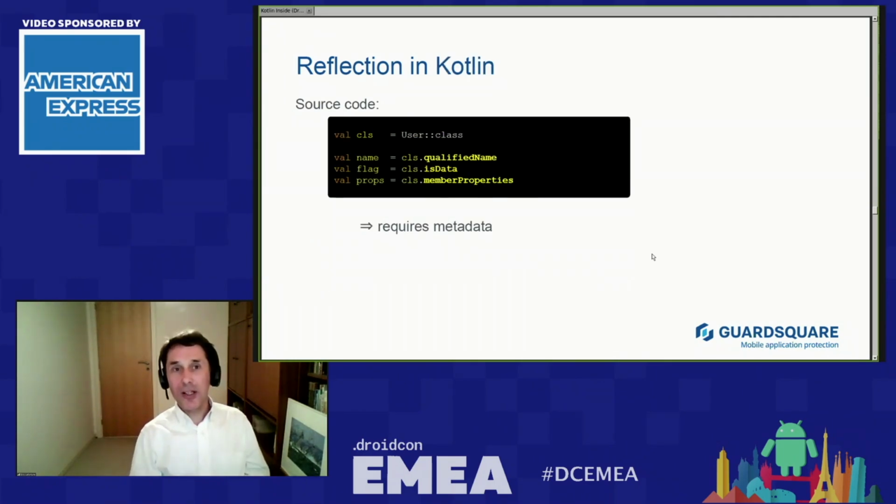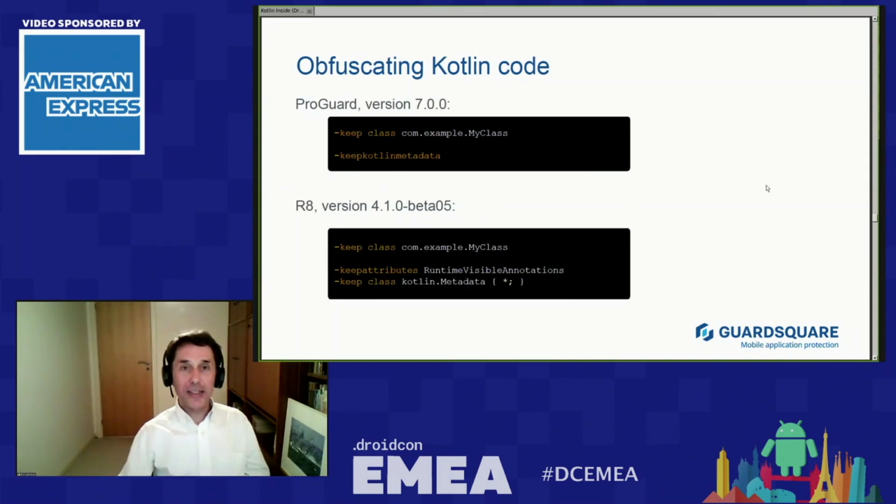Now there is a similar concept of reflection in Kotlin, but they have extended it. You can ask for a qualified name, you can ask if a class is a data class, and so on. And this is where you need those metadata. And for that, if you start processing the code, optimizing it, obfuscating, you need to take that into account, and your obfuscator and optimizer needs to take that into account.